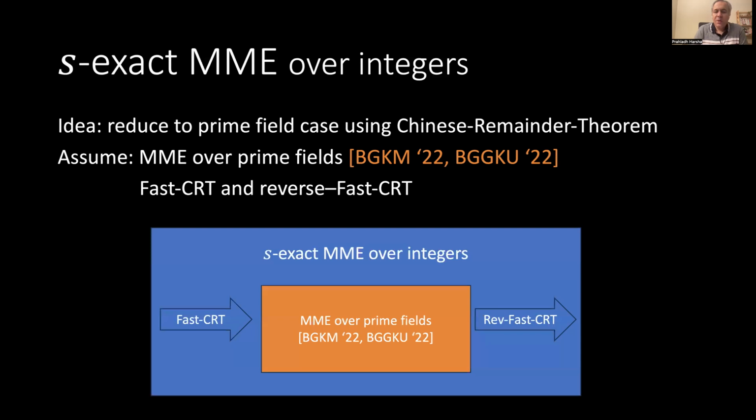In essence, given the input with this extra promise, we use fast CRT to break it down into MMEs over several different prime fields, solve each of these prime fields independently, and then aggregate using reverse fast CRT. Since both CRT and reverse CRT can be done in nearly linear time by standard off-the-shelf algorithms, this more or less describes how one does the S-exact MME over integers.